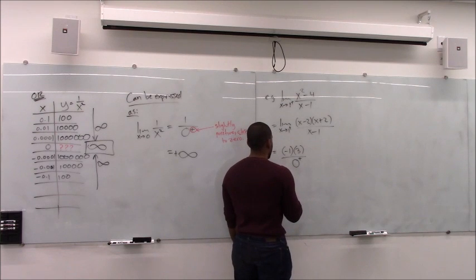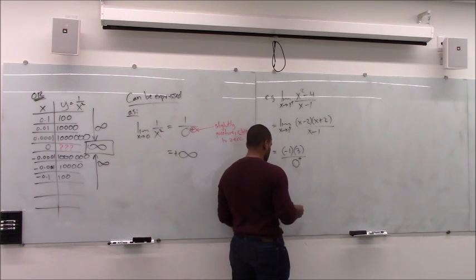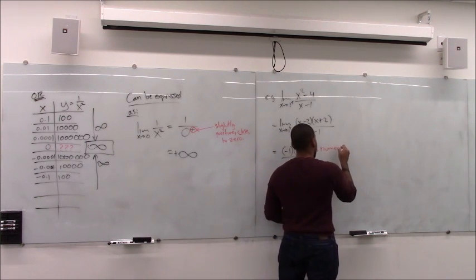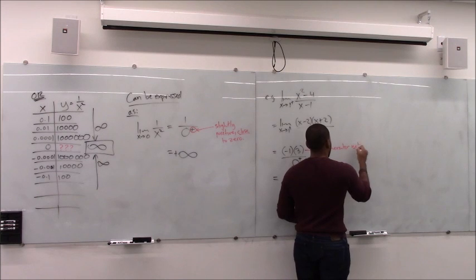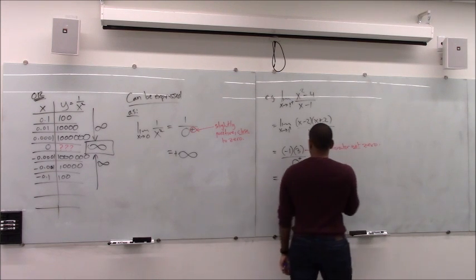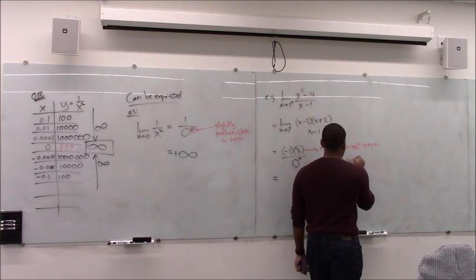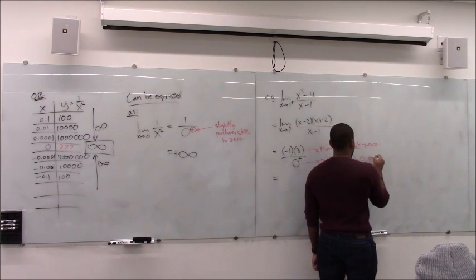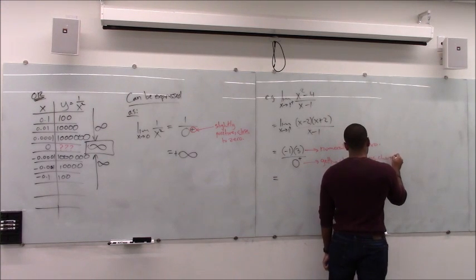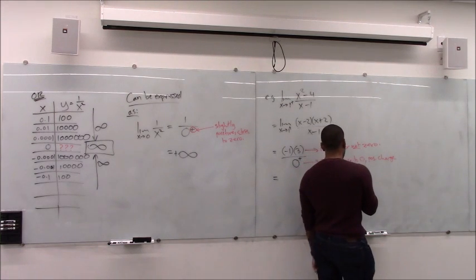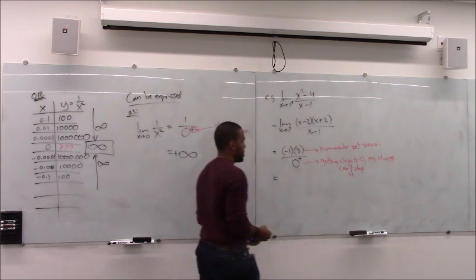And so what you can say here is that the numerator is not 0. The denominator is getting close to 0, positive charge. You can't even simplify it; you tried step 2, it doesn't work out.